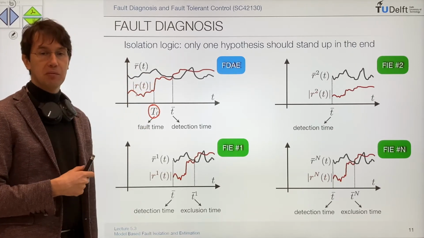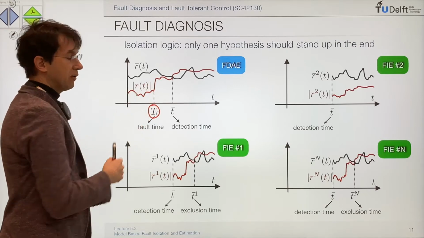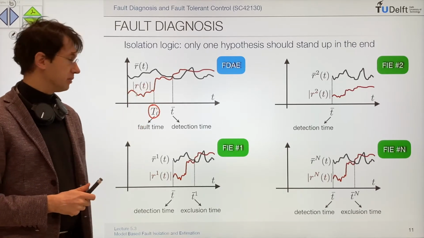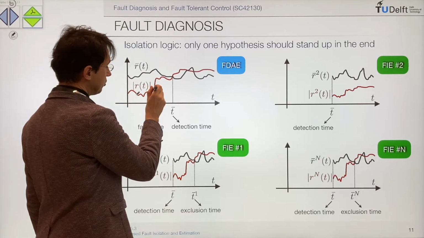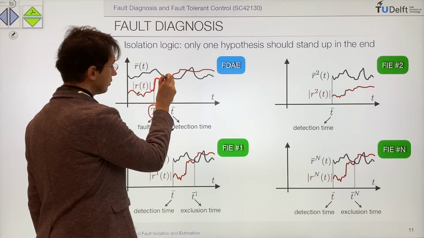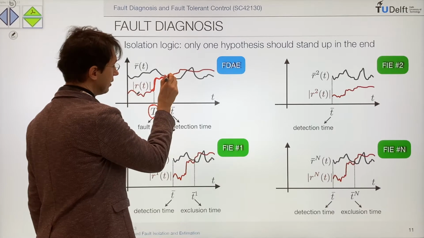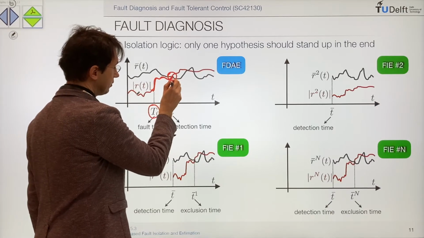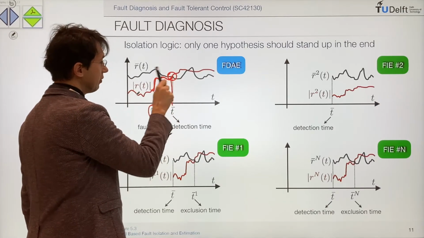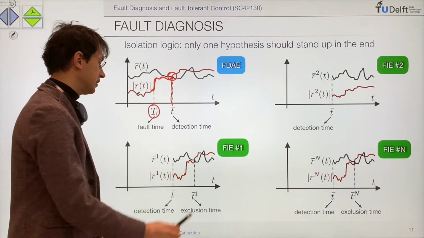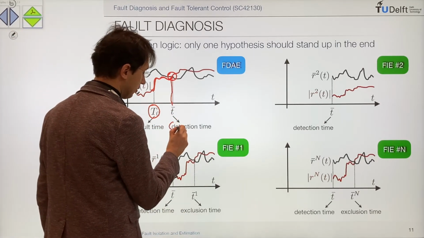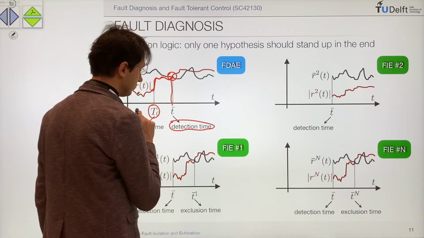We have a high probability this is true if we have a probabilistic threshold. After the fault, anyway, we are expecting the residual to grow and here to cross the threshold. So at this moment, we falsify the null hypothesis. We know a fault is present. And so this is what we call the detection time.